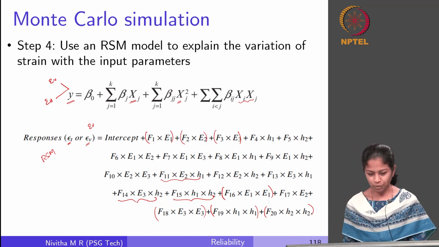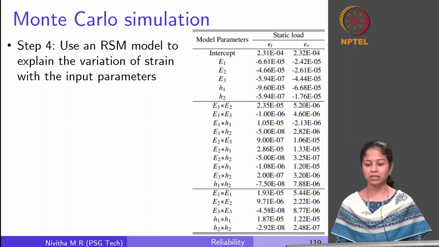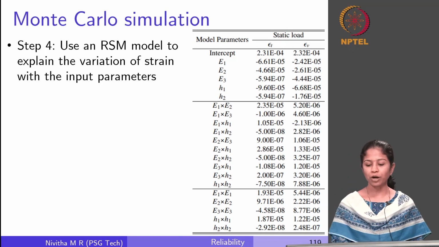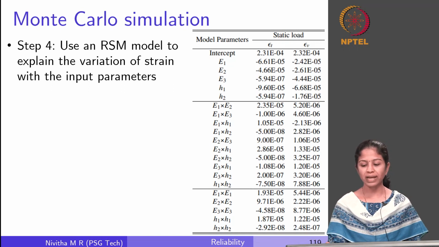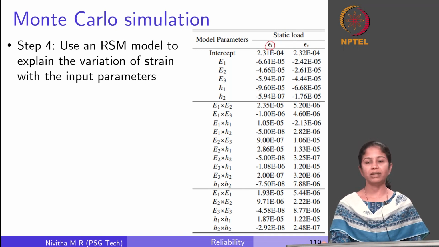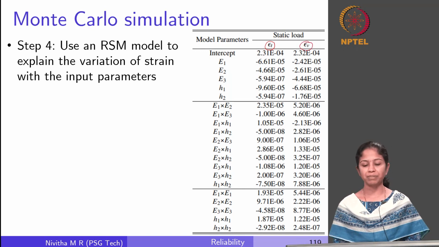Now, let us see how this looks. You can see here, for the example which was shown before, these are the model parameters. We have an intercept for a particular loading case, this is the coefficient obtained for epsilon T, to predict the horizontal tensile strain, and these are the coefficients obtained for vertical compressive strain.